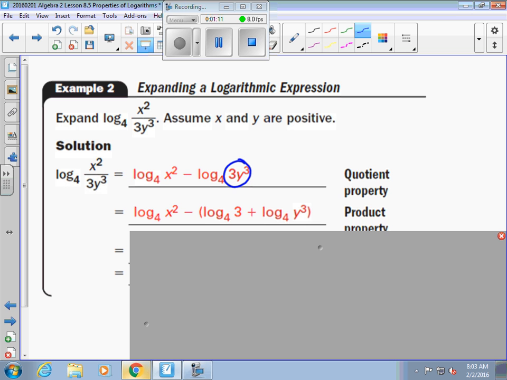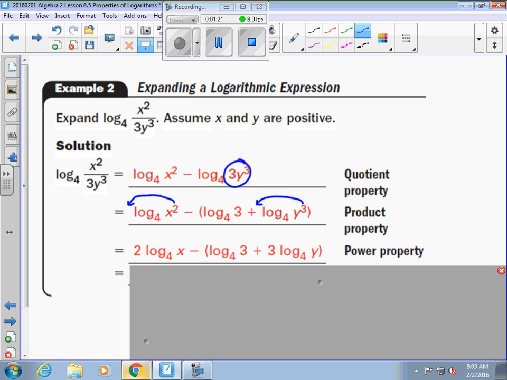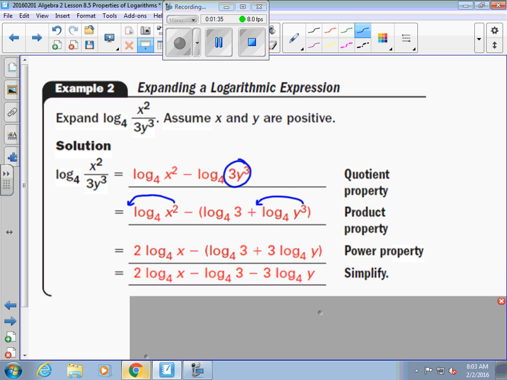From there, you want to move the exponents up front of both of these. So it becomes 2 times log base 4 of x minus log base 4 of 3, that one doesn't change, plus 3 times log base 4 of y. Again, that is your power property.